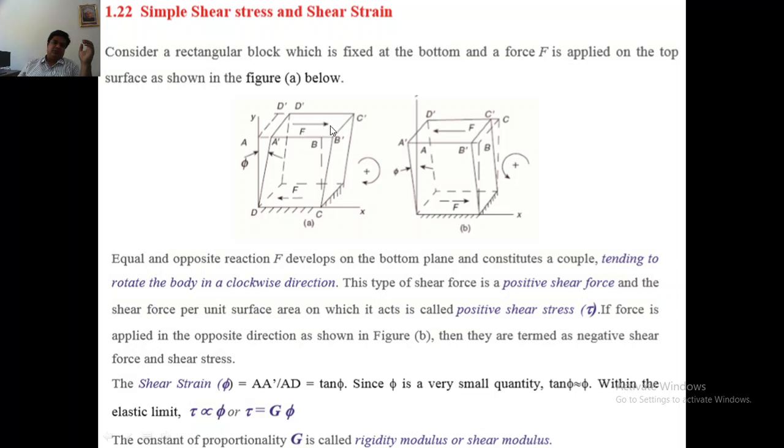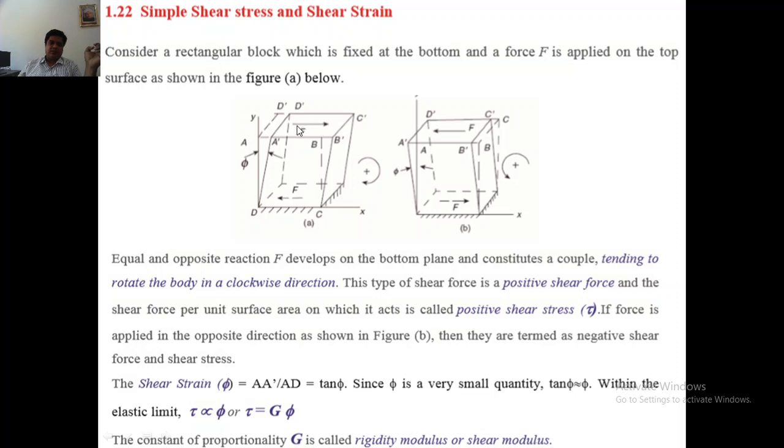So this force, which is acting parallel to the surface of the element, causes distortion or bending of this particular component. So this is the initial element here. When you apply the shear force, and in the bottom face, since it is fixed, there will be a reaction shear force in the opposite direction.